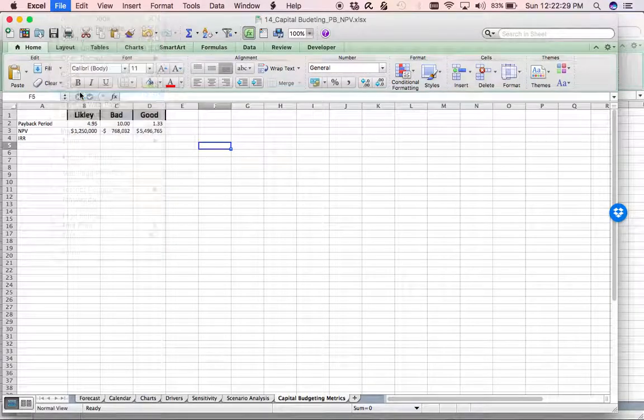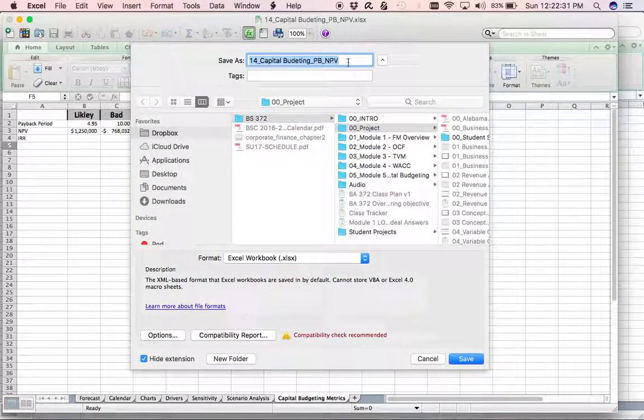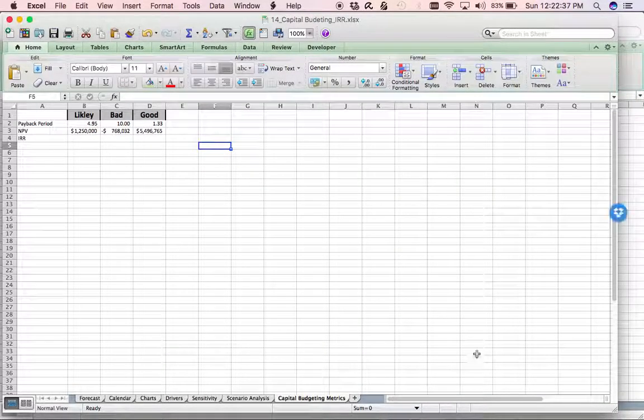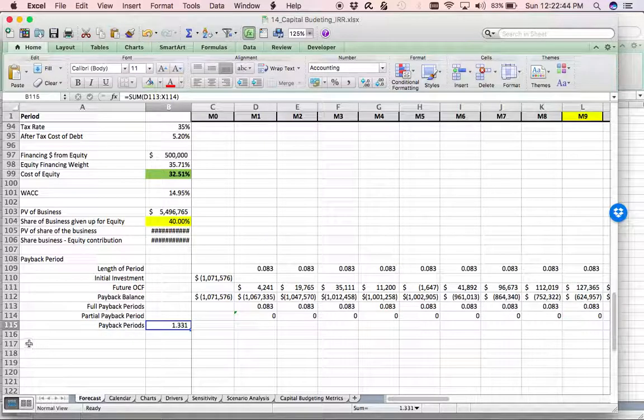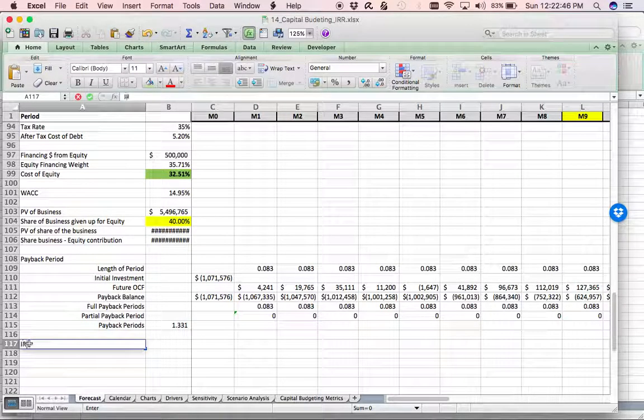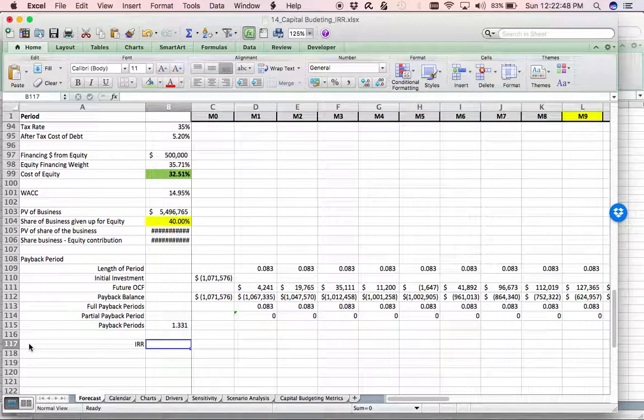All right, so that's all for those, and then we're going to save this, and then I'm going to go File, Save As, and we're going to replace the payback and NPV with an IRR, and you'll see why here in a second. Basically, when you do the IRR, we'll go back over to our forecast sheet here and do IRR value, right?